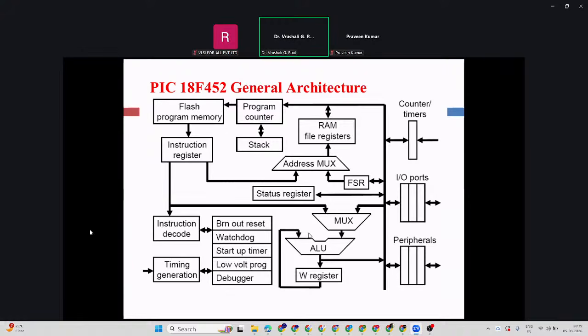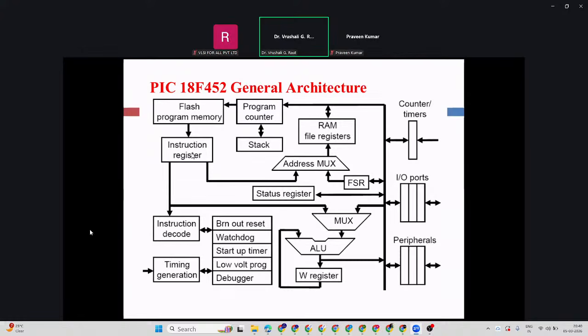Look, flash program memory. What I told you, program memory which is fast, that is flash program memory. Here the program will be there, and instructions will be fetched one by one. The program counter will tell which instruction to go to. The stack is there along with the program counter.